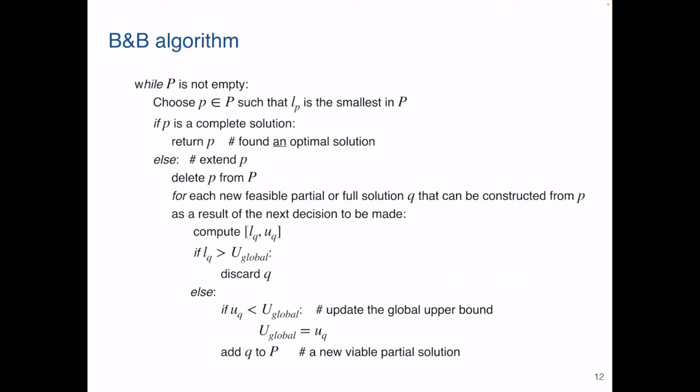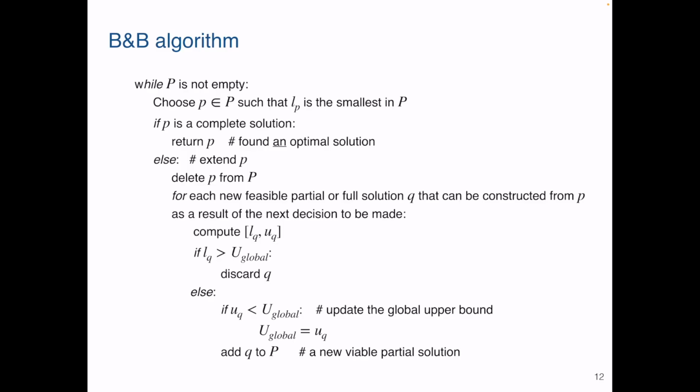Let's look at this algorithm again. We maintain a set P of potential partial solutions. We compute their lower and upper bounds. We always choose a partial solution P with the current smallest lower bound. If P is not a complete solution, we extend it by one more decision, and we delete this P from set P, since it is now represented by its multiple extensions.